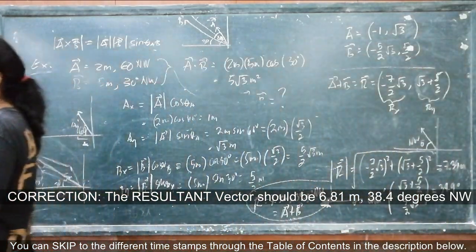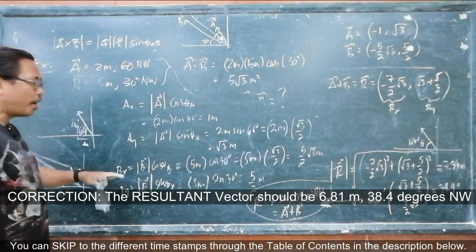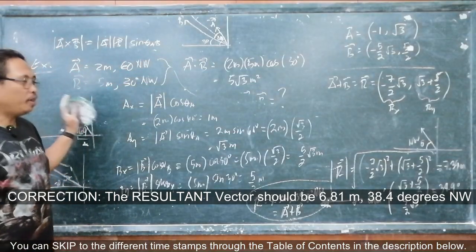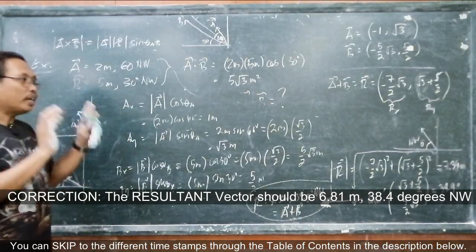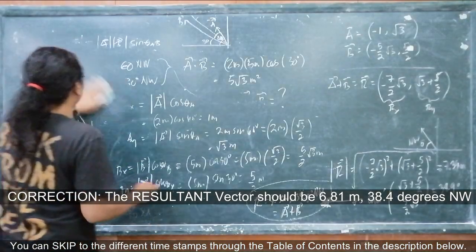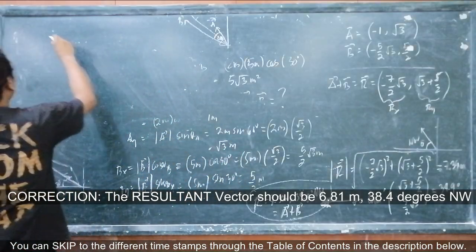So basically, even if you have many vectors on the x, y, and the z, I mean, if you have vectors in the modified polar, many vectors, what to do? I'll just write the steps.